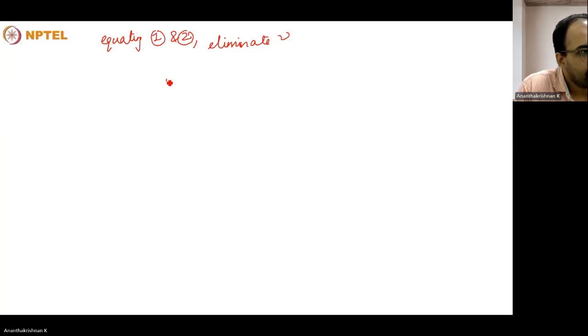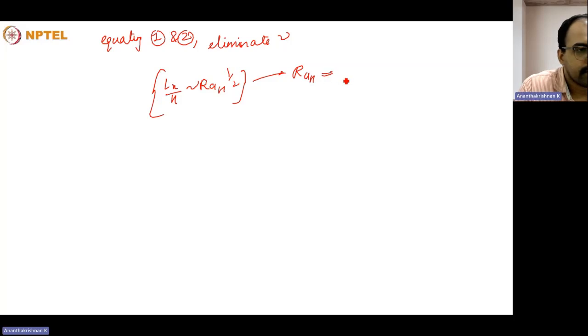So equating 1 and 2, what we could say is that we can eliminate psi and we'll get Lx by h is of the order of Rayleigh number raised to 1 by 2, where Rayleigh number is given by g beta h cube delta T divided by alpha nu.